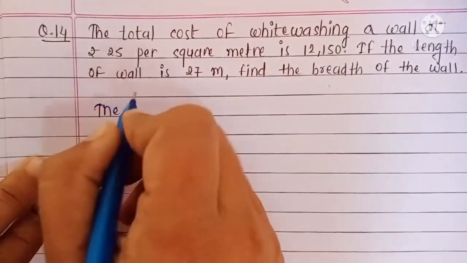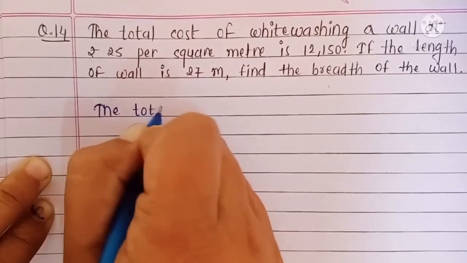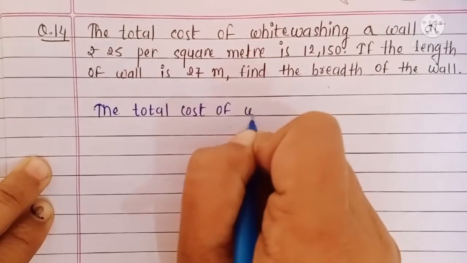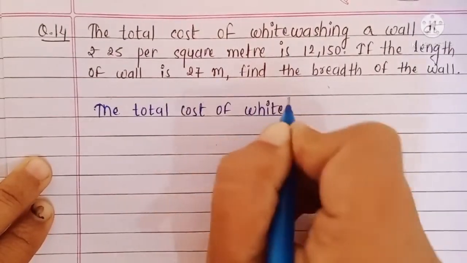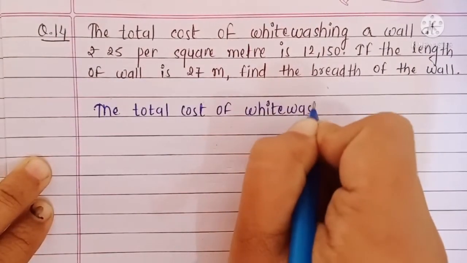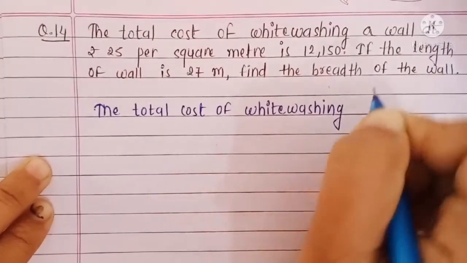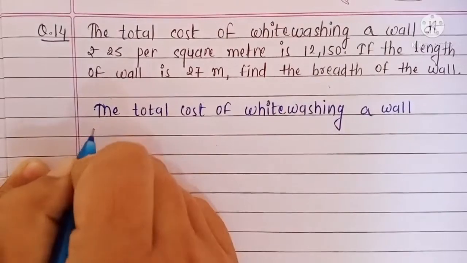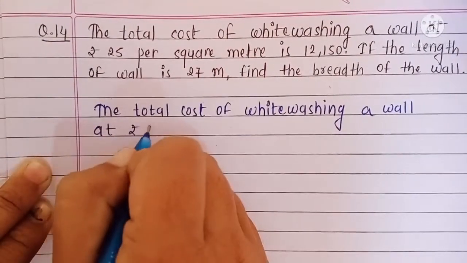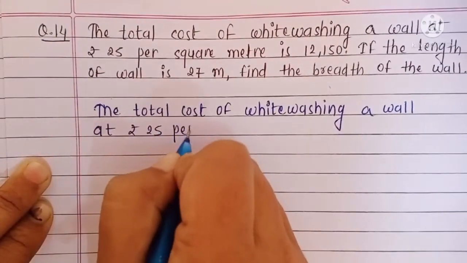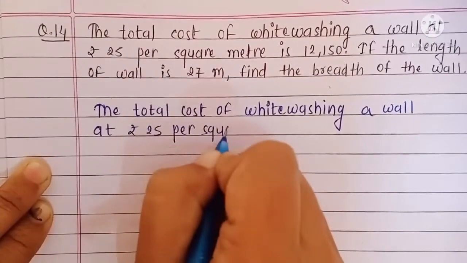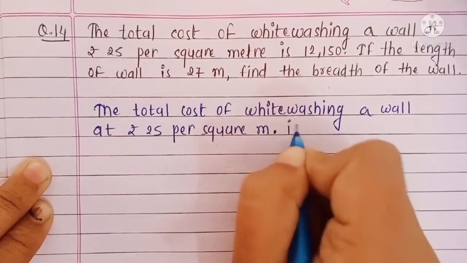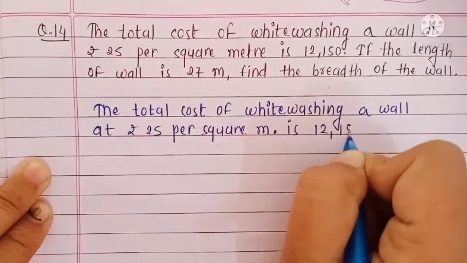So the total cost of whitewashing a wall at ₹25 per square meter is 12,150.